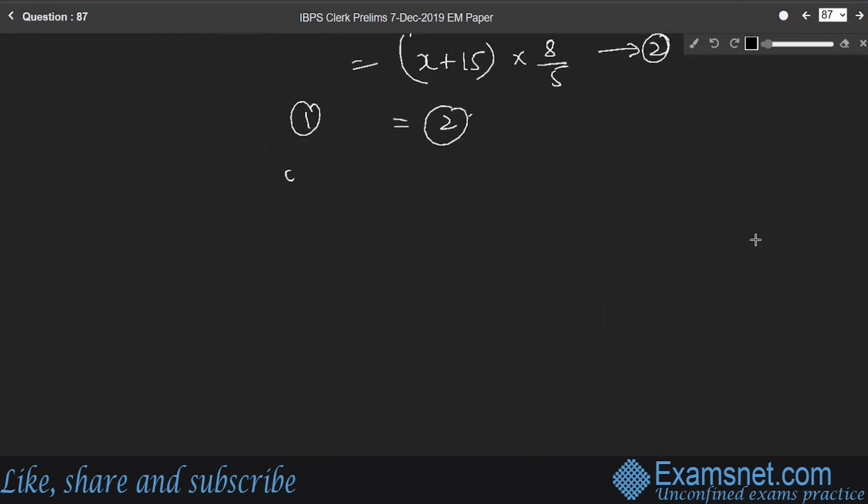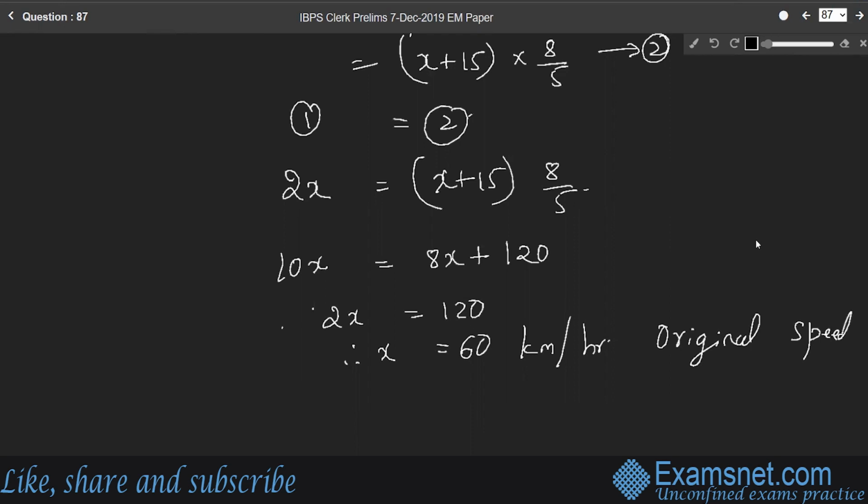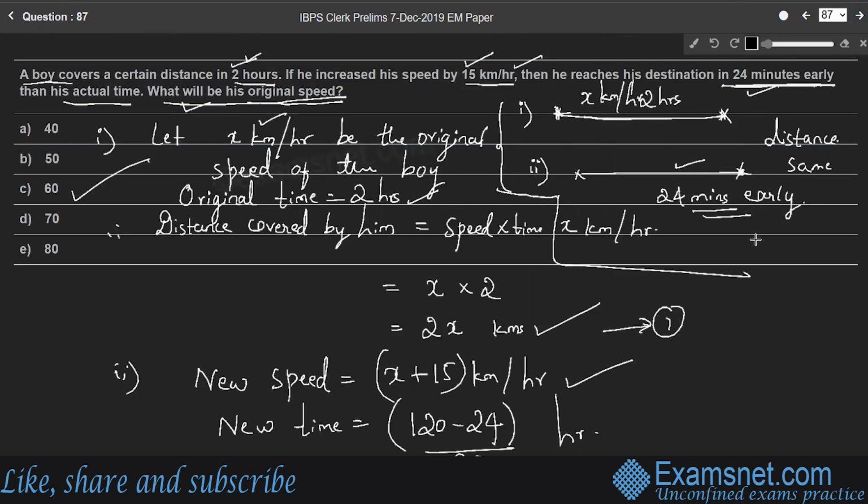It is 2x kilometer, and 2 is x plus 15 into 8 by 5. Simplify and we'll get the value of x. Right? 10x is equal to 8x plus 120. Therefore, 10x minus 8x, 2x is equal to 120. Therefore, x is equal to 60. So what is x? Original speed of the boy. So, according to our assumption, the original speed of the boy is 60 kilometer per hour. Hence, option C is the right answer.